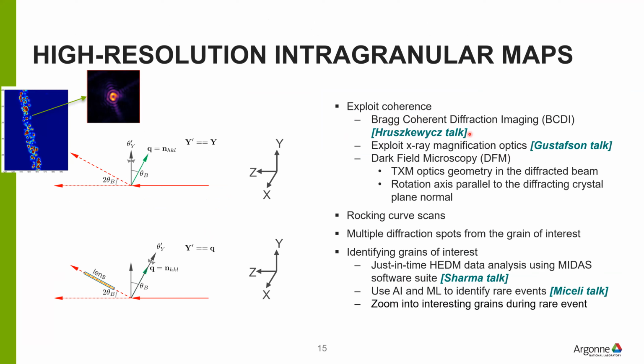We'll hear more about this from Stefan Hruszkewycz's talk later today. We can also exploit X-ray magnification optics that allow us to magnify the real space image, and we're excited to hear about how that is done from Dr. Gustafson's talk later today.